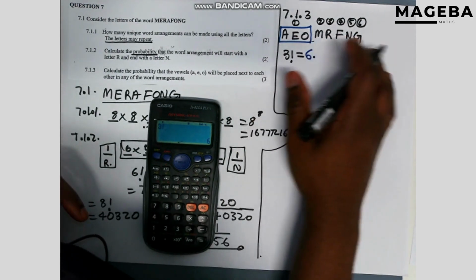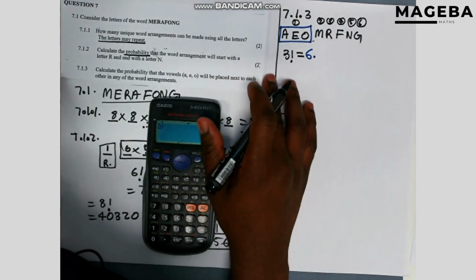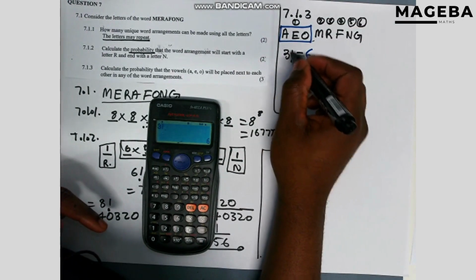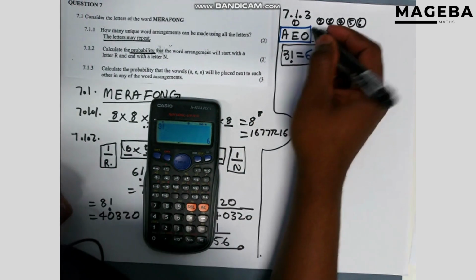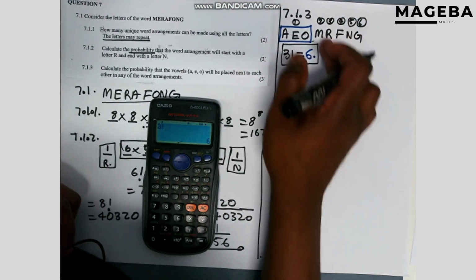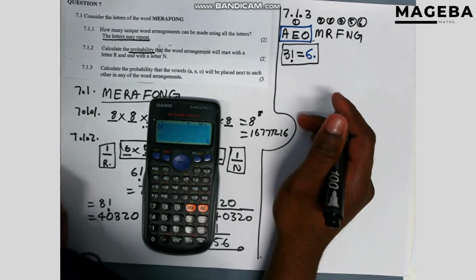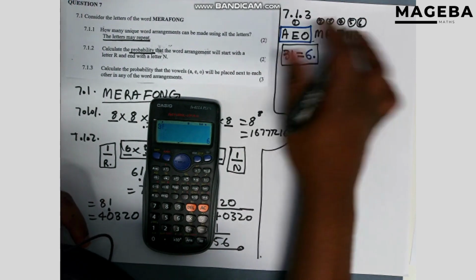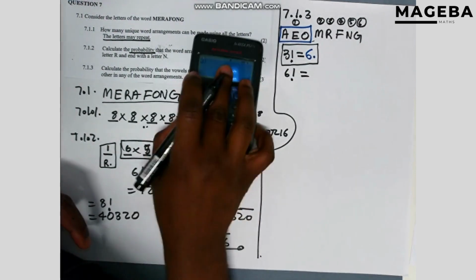I do have the arrangement of the vowels inside the box, but the box is also going to move in between the other letters, so I also count the box. How many do I have here? I have 6, so it's 6 factorial.